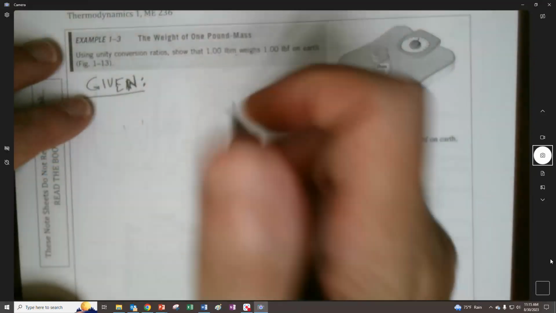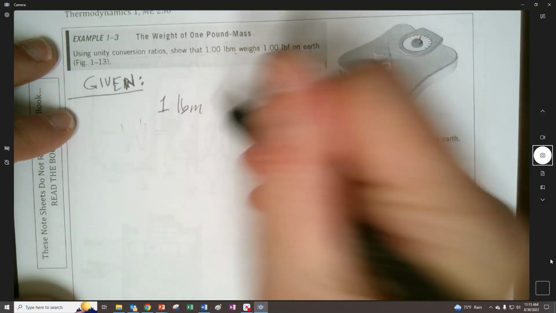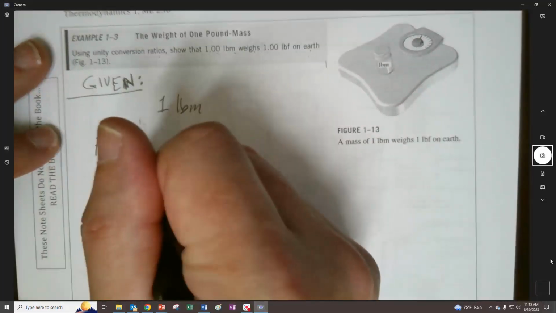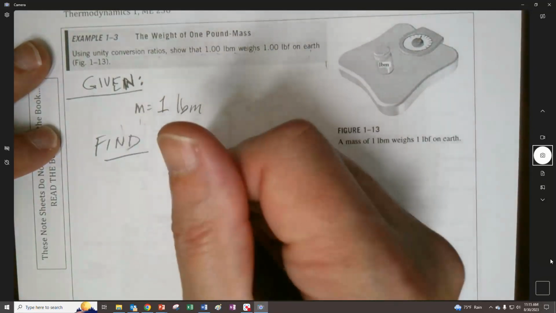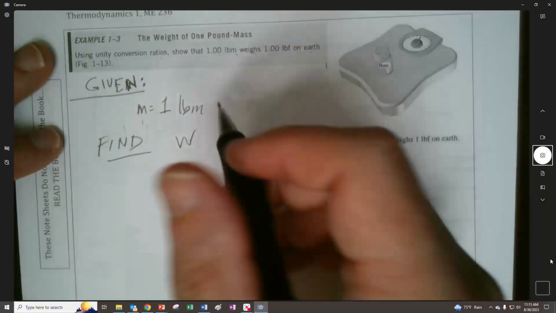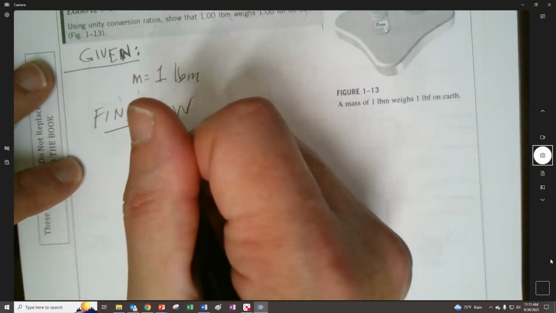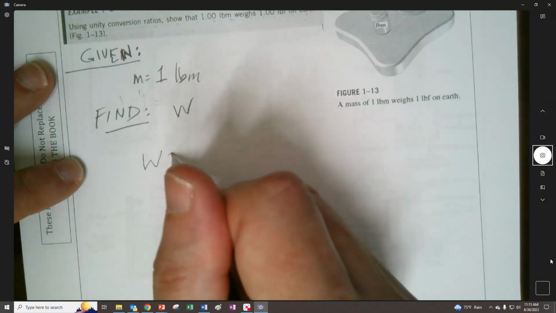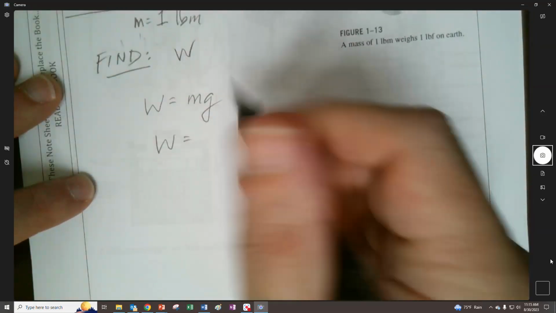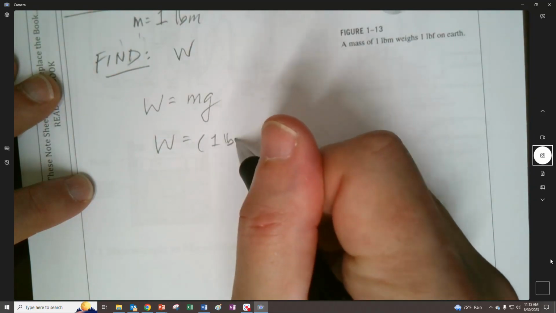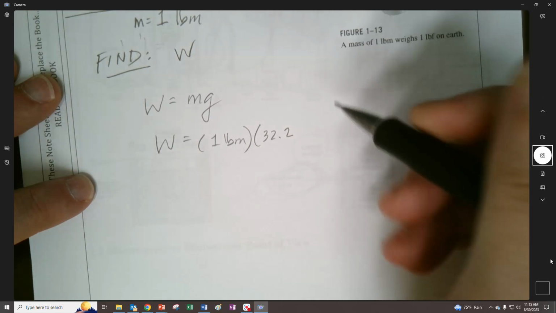All right, so the given was 1 pound mass. And the find, this is really stupid, I guess. Find the weight, right? So weight is equal to mass times gravity. So we can take the 1 pound mass and multiply it by 32.2.